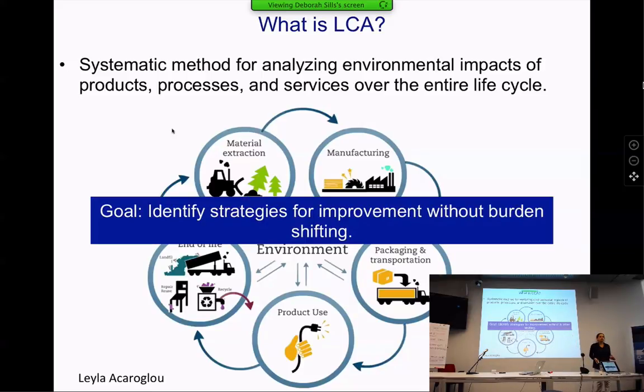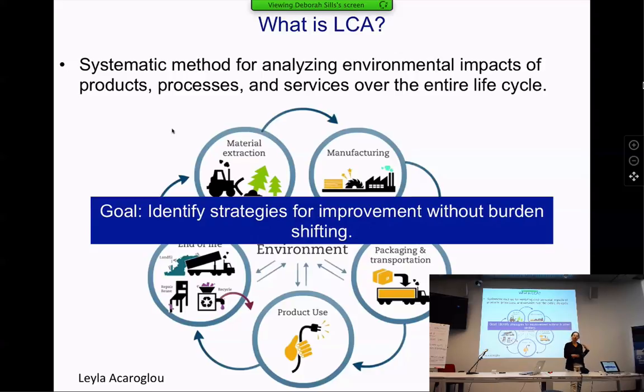So the goal with life cycle assessment is to identify ways to improve a process or a product without shifting the burden. What I mean by shifting the burden is, let's say I say, oh, corn ethanol is the best thing ever. It's going to reduce greenhouse gas emissions. I'm not saying that's true, by the way, but let's just assume it is.